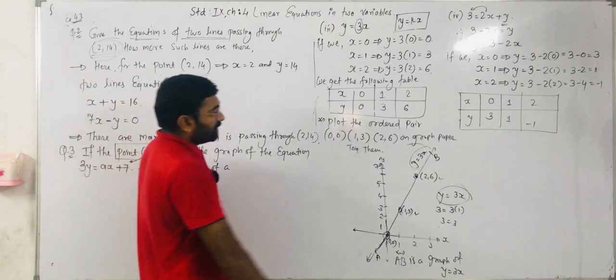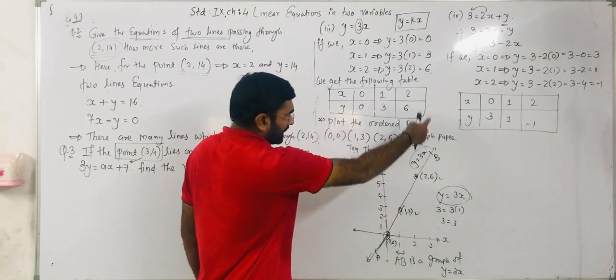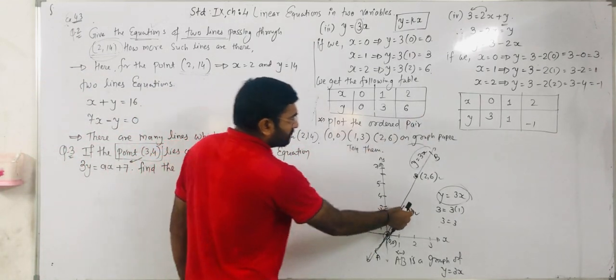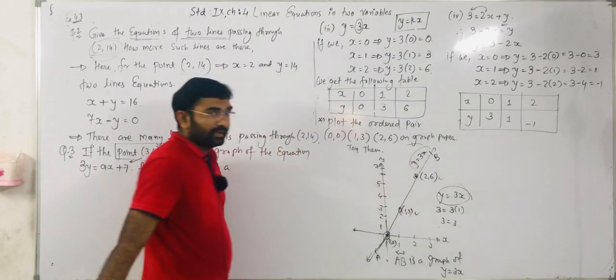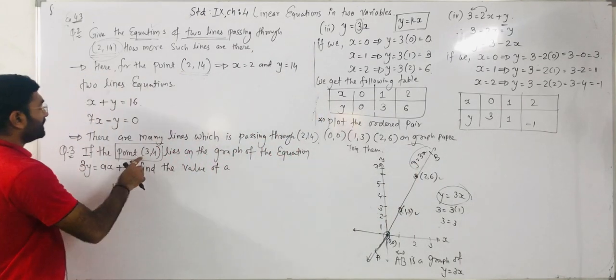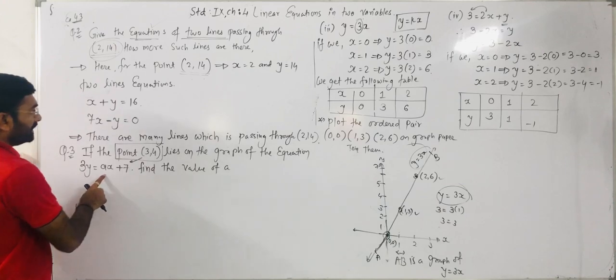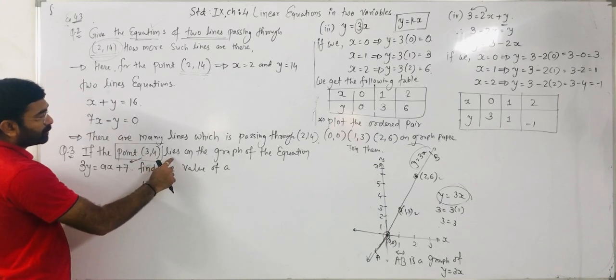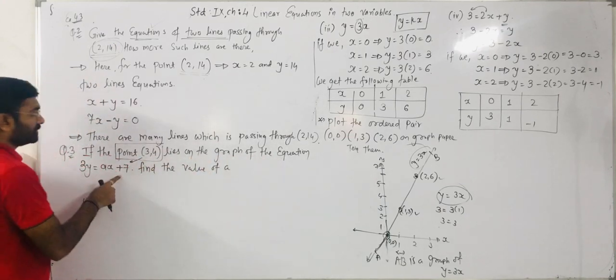Suppose I said (1, 3) is passing through that line equation. What is the meaning of that? It means (1, 3) is a solution of that equation. So we can say (3, 4) is a solution of the equation 3y = ax + 7, because the question says this point lies on the graph of that equation.